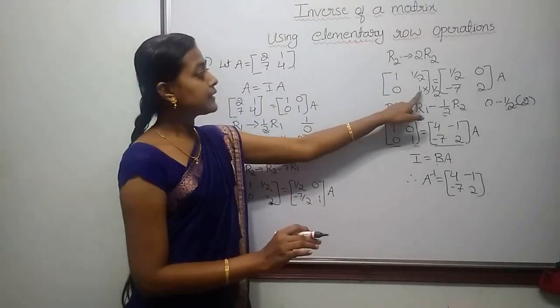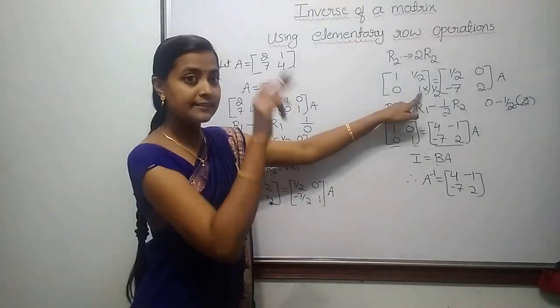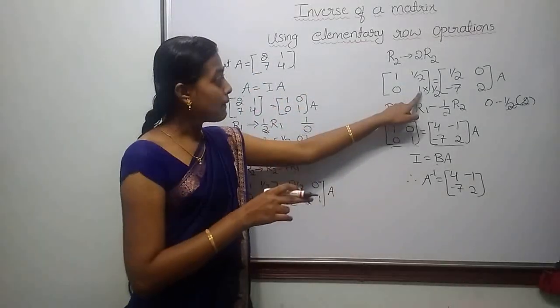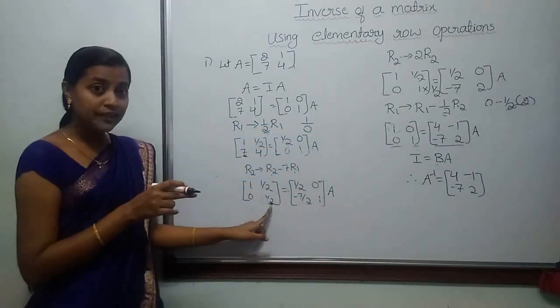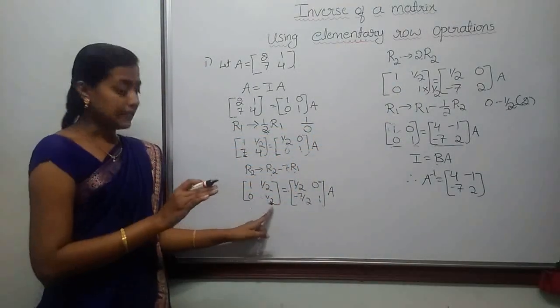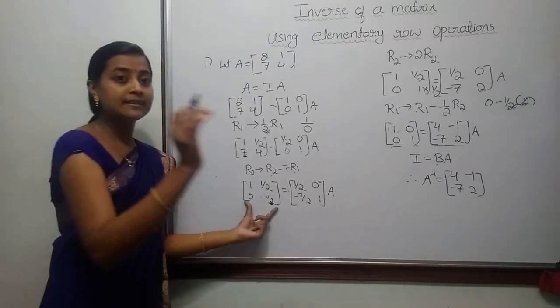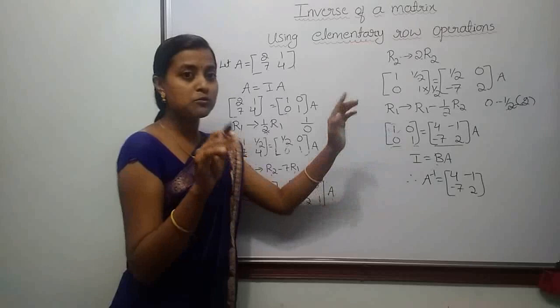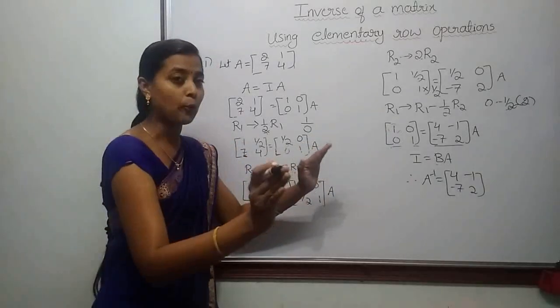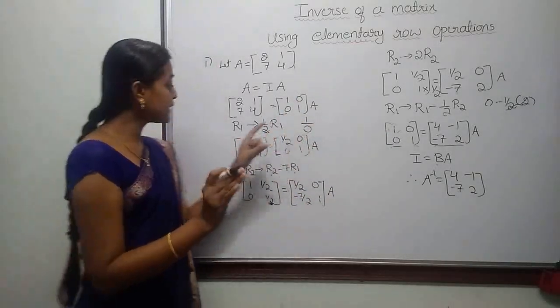Similarly, to get the element lying in the second row, second column to 1, multiply the second row by its reciprocal. Whenever you have to reduce the element to 1, you just have to multiply that row by the reciprocal of that element.